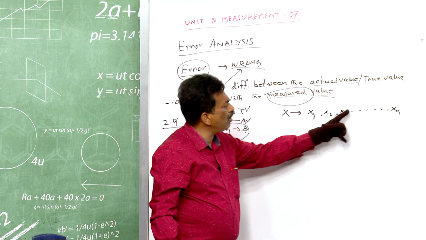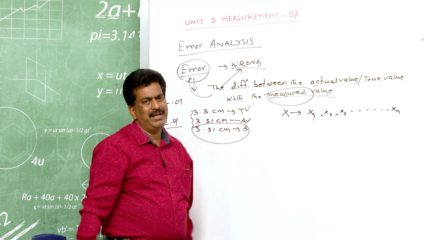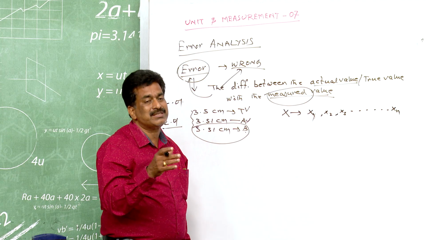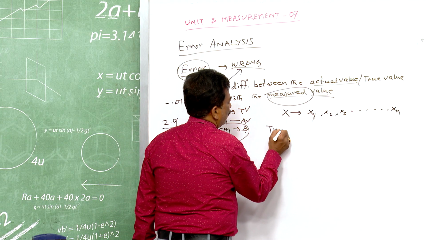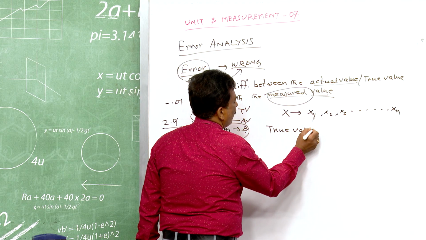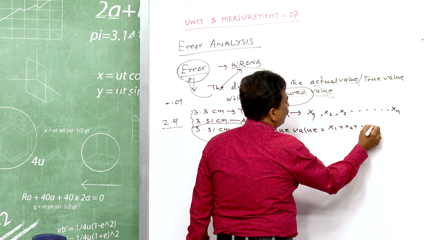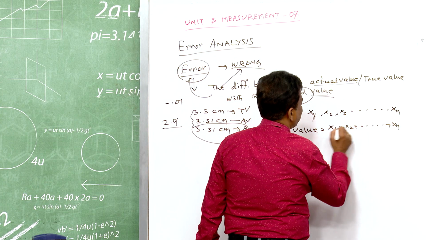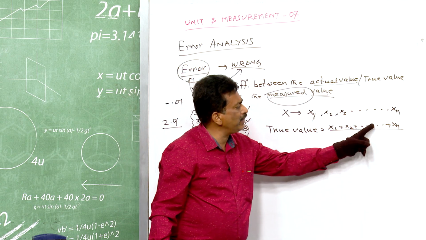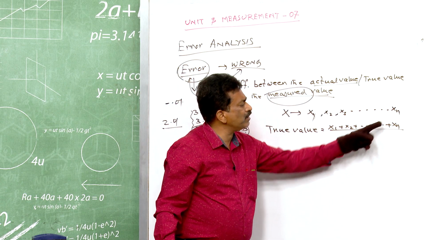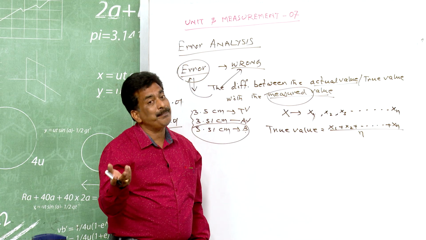So when all these n measurements are taken together, then that will give you the real or true value. So the true value will be x1 plus x2 up to plus xn, divided by n. When things are added and divided by the same number, in other words that is the mean value.